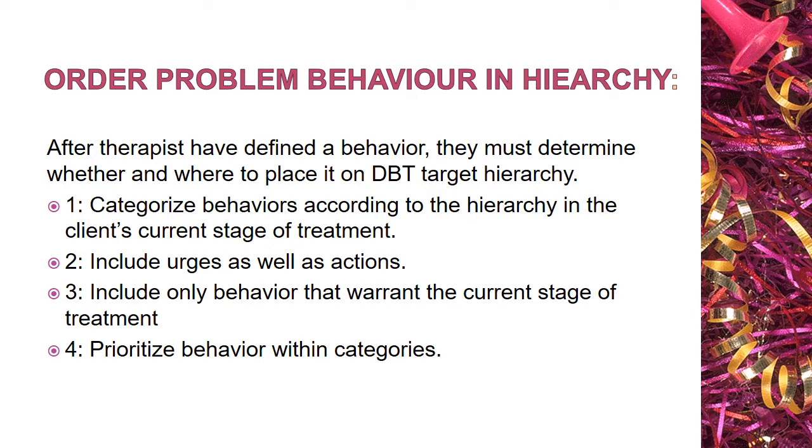The therapist needs to categorize all of the behaviors among these categories. The second part includes the urges as well as actions. Urges like the urge to vomit or the urge to self-harm are all placed in the target hierarchy. The third part includes only behavior that causes or warrants the current stage of treatment. The fourth is to prioritize behavior within these categories, deciding which behavior is causing the most problem, and to prioritize them.